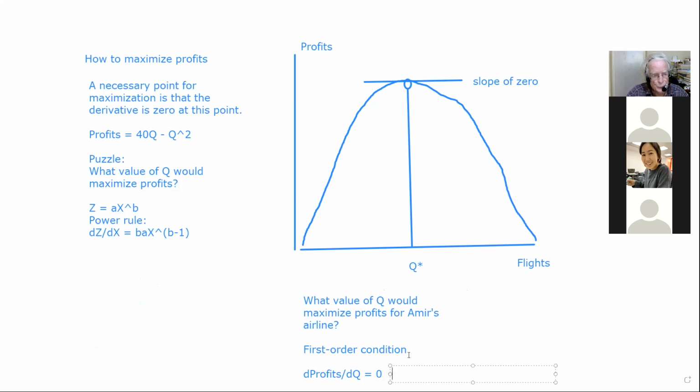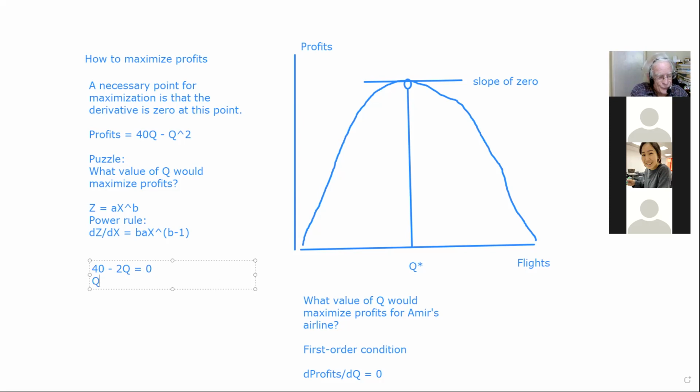So let's see, in this case, the derivative of profits with respect to Q is what? 40 minus 2Q, for the power rule, 2Q equal to 0.